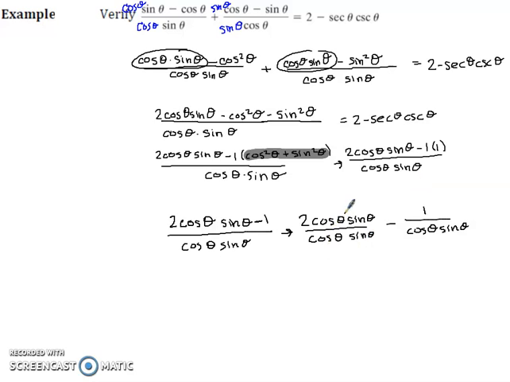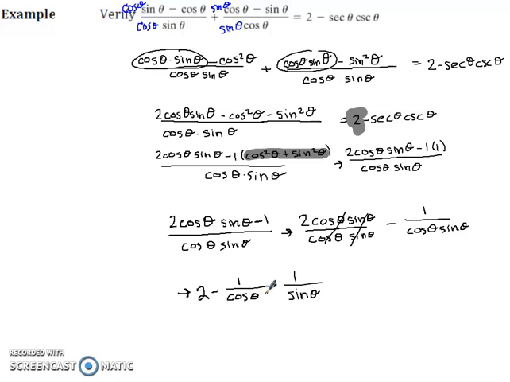Now this allows my cosines and my sines to reduce in that first fraction, which leaves me with just the 2 that I see as part of what I'm trying to get to. So I have the 2, and then the rest of my expression is 1 over cosine theta and 1 over sine theta. So I'm going to go ahead and split these up into two separate fractions with multiplication.